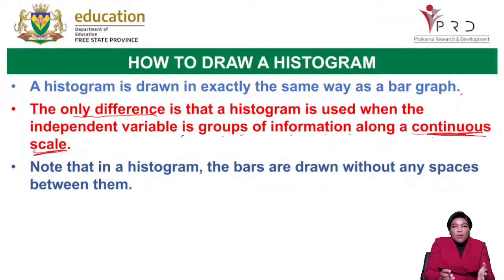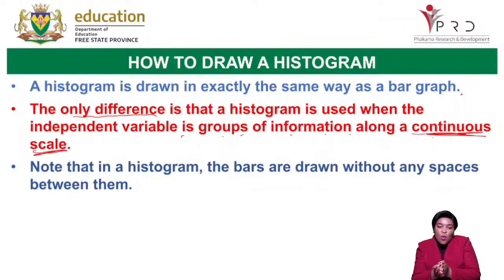So the bars will be joined together. So if you are talking about the season, and you say season has January, February, March, season 1, then you know for first season, all the data must be joined together, or the bars must be touching one another, because they are information that is on a continuous scale.